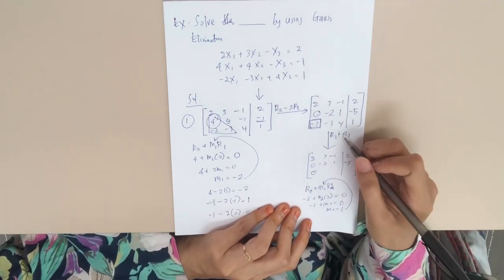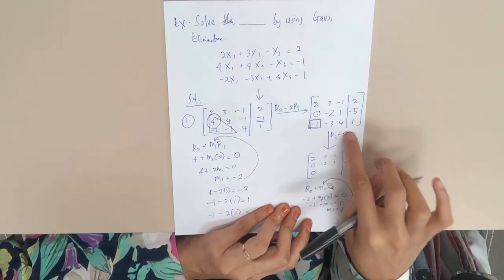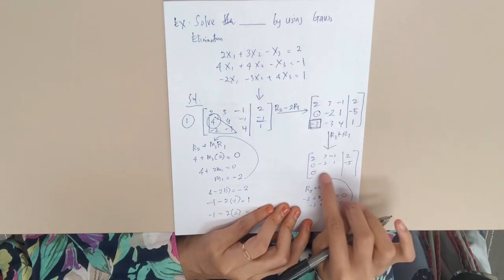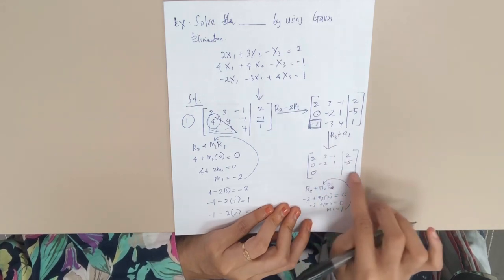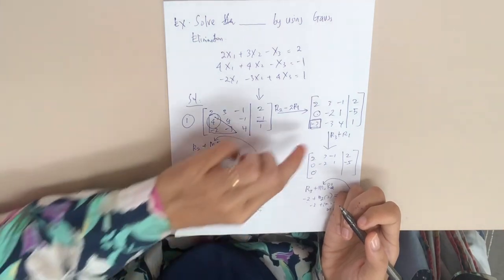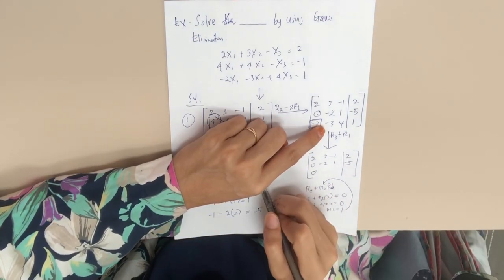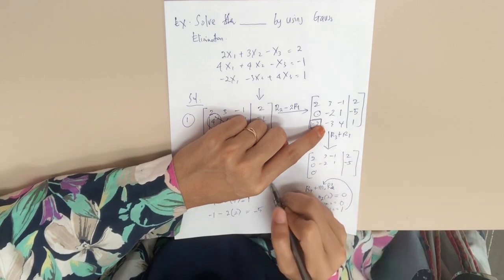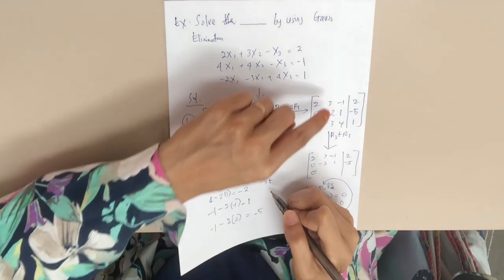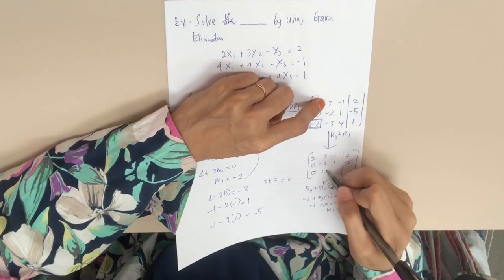So R3 plus R1. Therefore, by using this row replacement operation, you can find out another 3 values here. So you can do the same thing like you did before. So negative 3 first. I write here negative 3 plus R1, and you should get 0.